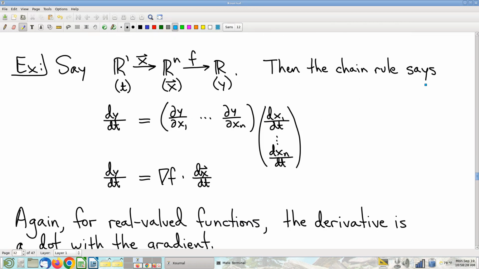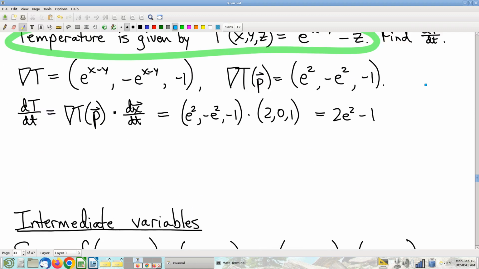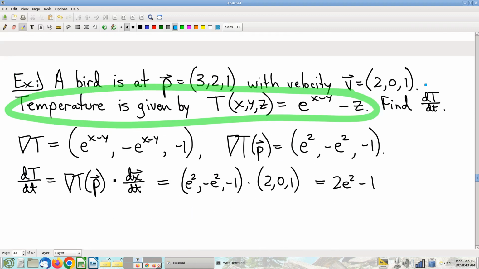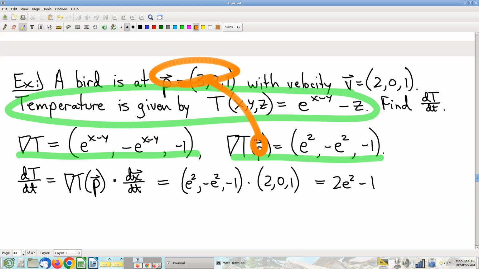In this case, again, we have a real valued output, and so we're just going to interpret this as the dot product with the gradient. This is the action of a derivative. Dot product with the gradient. And so we compute the gradient. Oh, whoops. Colors. There's the gradient. That's just various partials. We plug in the point in question. Keep in mind we're at this point.